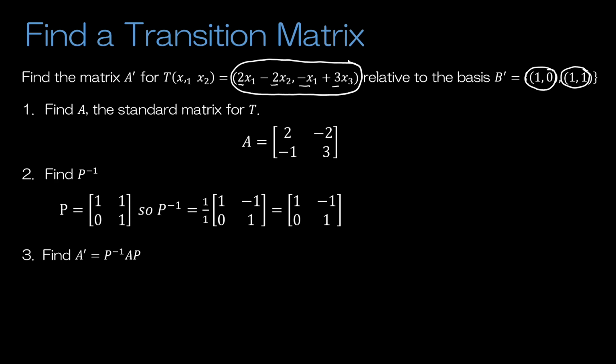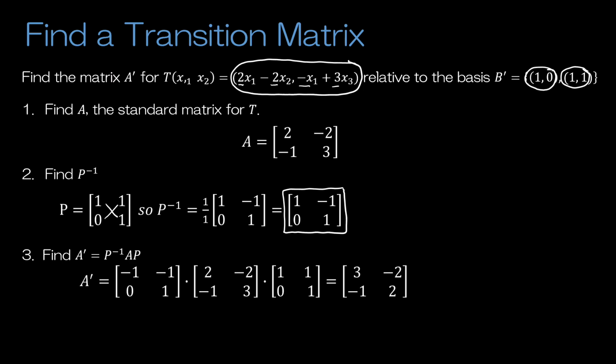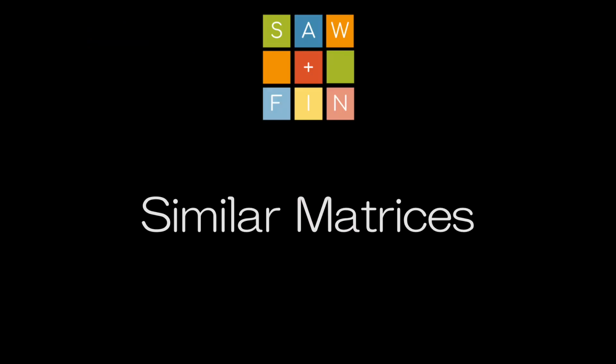We're just going to drop those right in as column vectors, and we're going to compute P inverse. So that's 1 minus 0 is 1, and then change the location of the first diagonal and the sign of the second diagonal, leaving me with P inverse. Then I'm simply going to multiply P inverse AP to find the transition matrix of 3, -2, -1, 2.